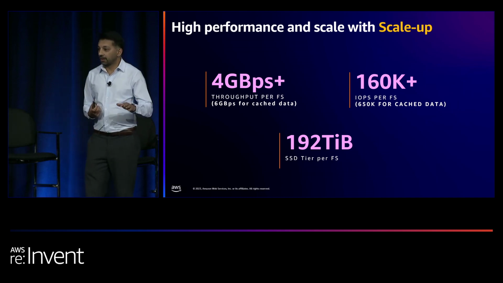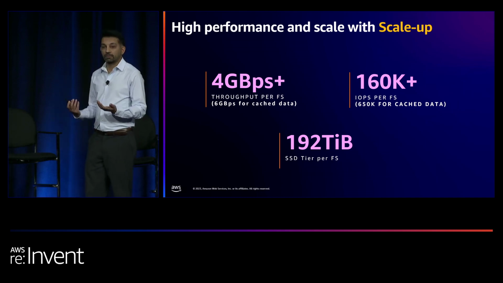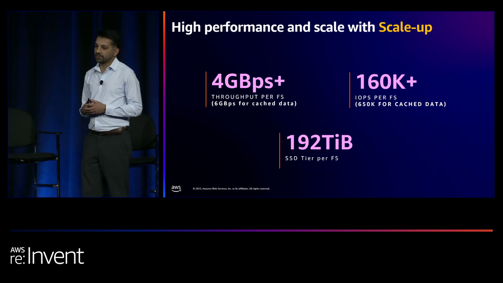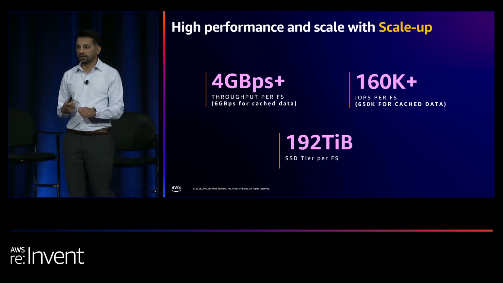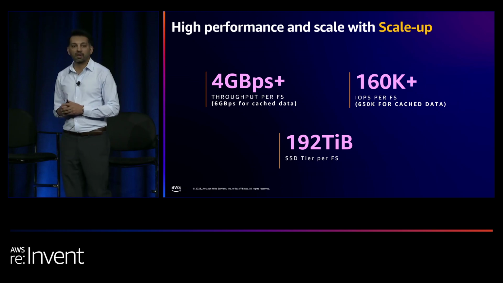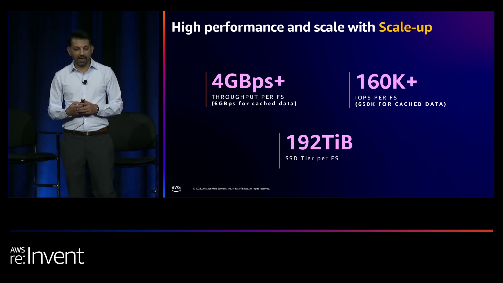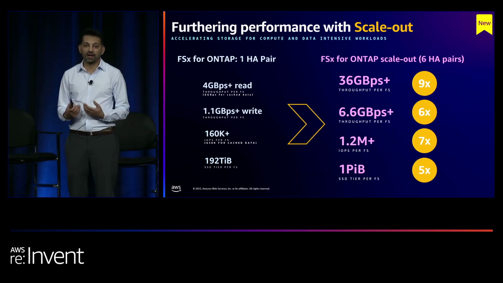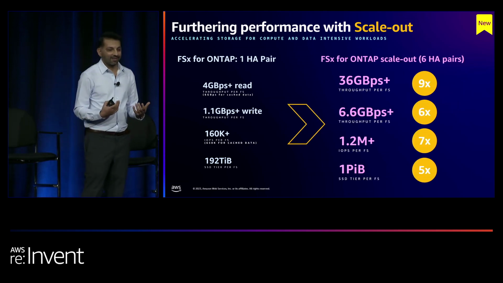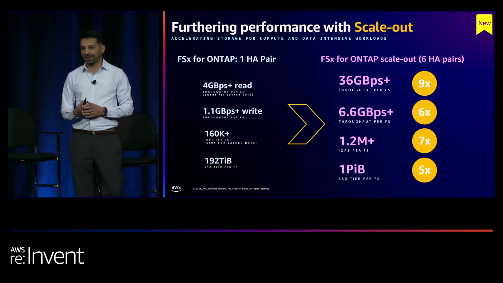However, some of our larger customers have also been running applications that require much higher scalability to process large amounts of data with a large amount of compute capacity. And this week, we're very happy to announce our scale-out architecture that really takes the performance to the next level.